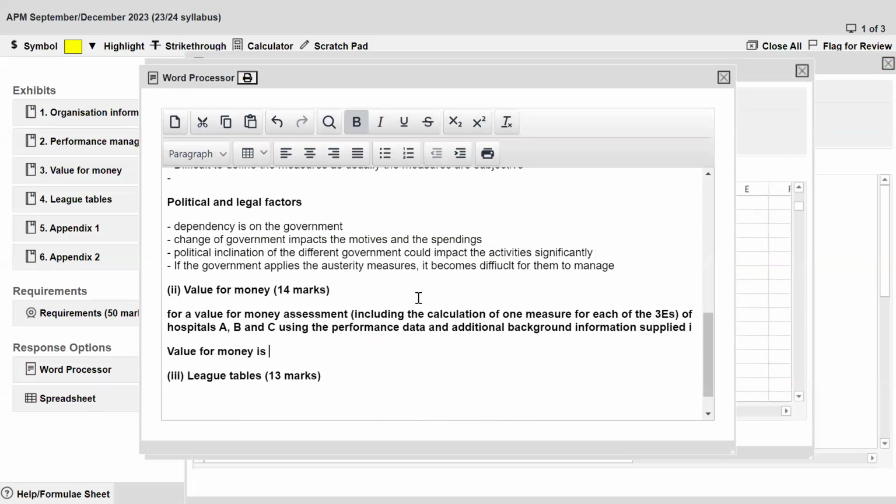Value for money is the achievement of the 3 E's, that is economy, efficiency, and effectiveness.